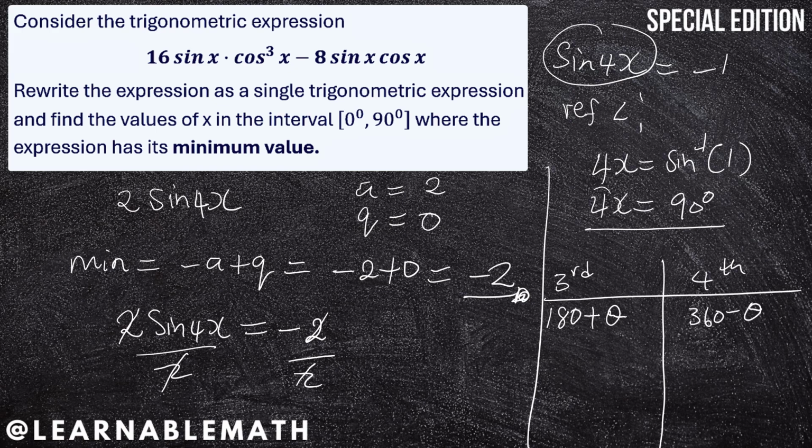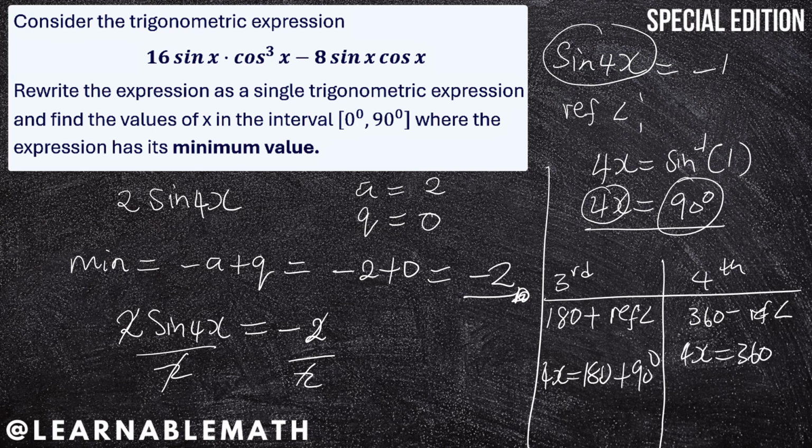So I'll say 4x is equal to 180 plus the reference angle, which is 90. And I'll say 4x is equal to 360 minus the reference angle, which is 90.